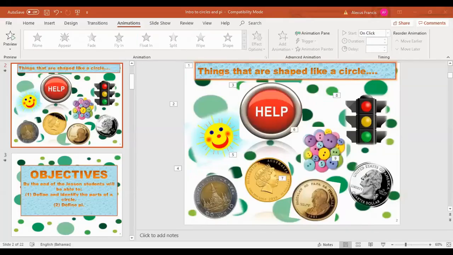A quarter, an orange, a tile, a ball, cap covers, buttons, donuts, a penny.